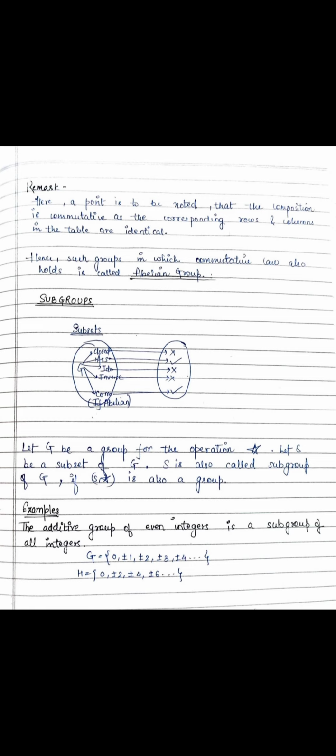In this we have to prove that the additive group of even integers is a subgroup of all integers under the addition operation. We are given that the set of integers, that is 0, ±1, ±2 and so on, is a group.